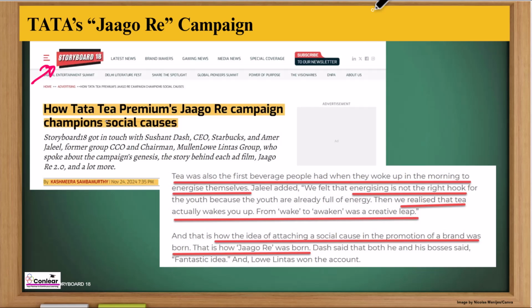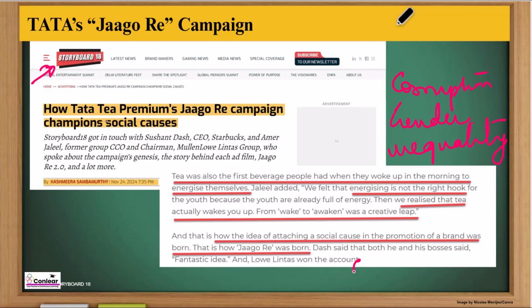Every one of us loves the first sip of tea in the morning. It energizes us, right? Initially, the Tata team wanted to attach energizing as a hook, but then they dropped it and looked far beyond. What they realized is that there are several issues in our country, ranging from corruption, gender inequality, and several others.